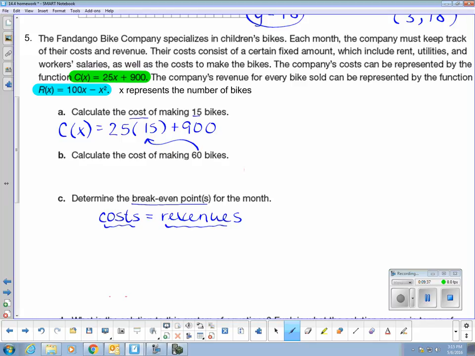To determine the break-even point, I'm going to set my cost function, which is 25x plus 900, equal to my revenue function, 100x minus x squared. And then I'm going to solve for x.